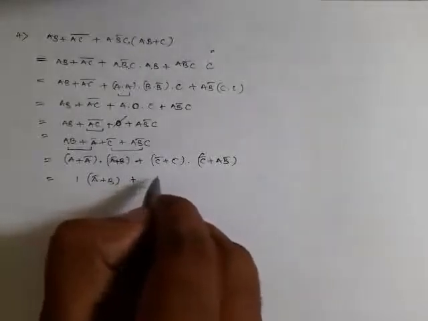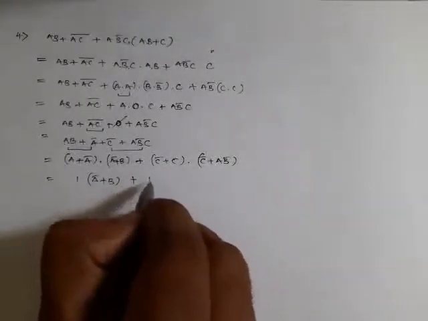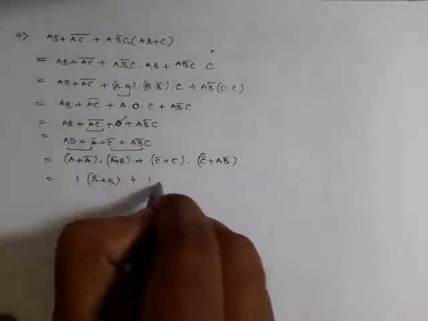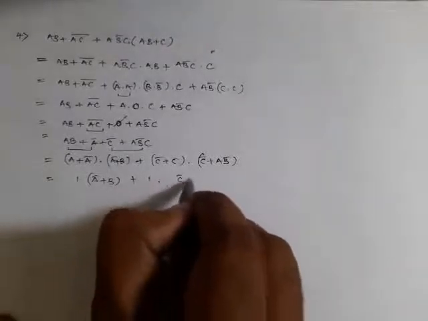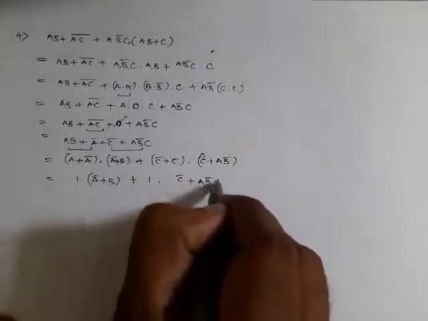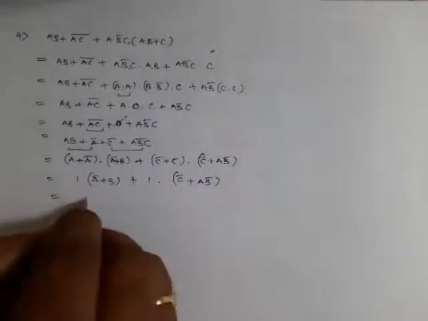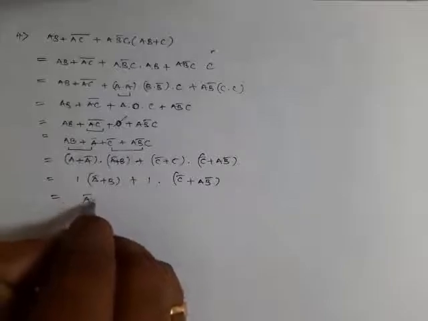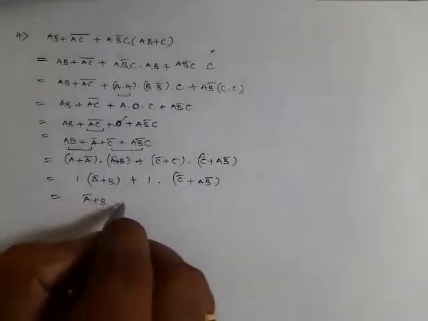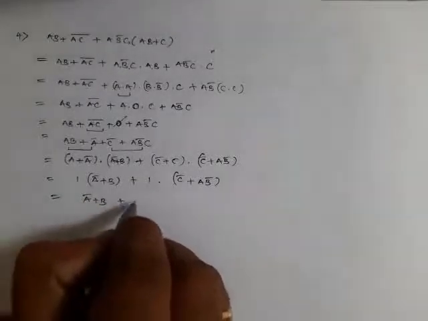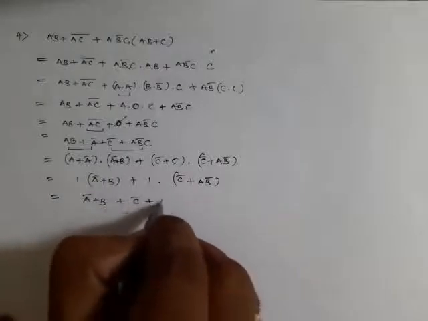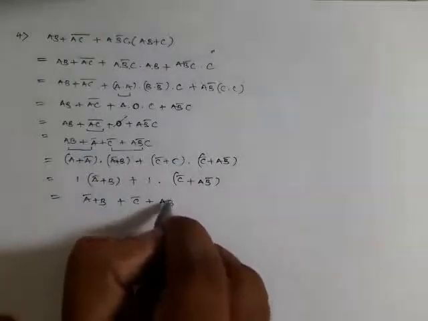This is also 1, dot C bar plus AB bar, and here this 1 into something is something, so A bar plus B plus C bar plus AB bar.